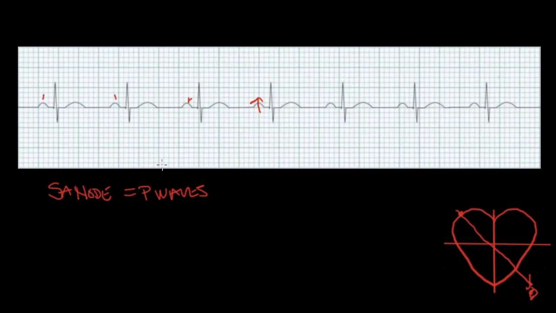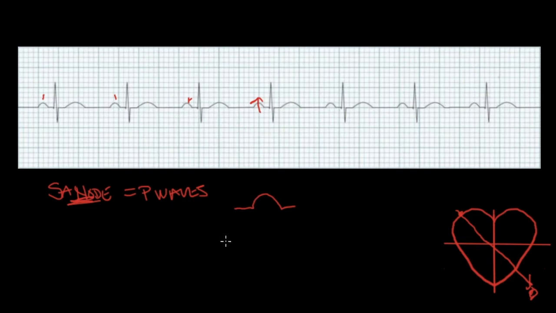Lastly, I want to look at the shape. What we have here is this nice rounded over P wave, which correlates to an SA node firing. I also want to make sure that all of my P waves look like this, so that way I know all of these P waves are coming from the SA node.